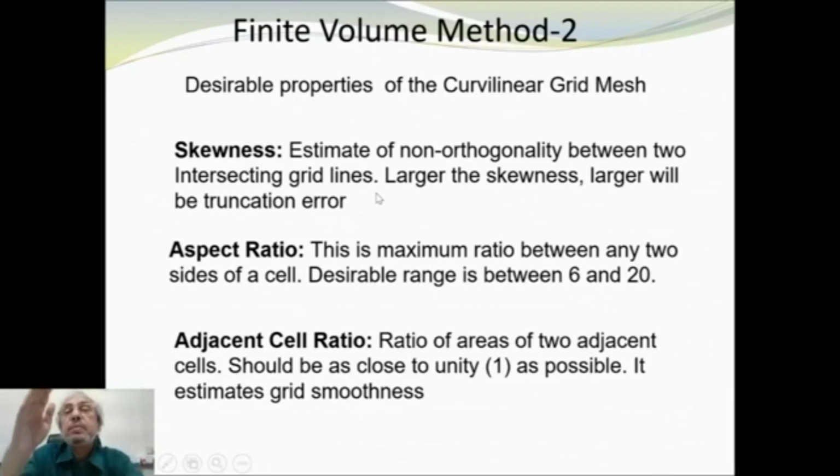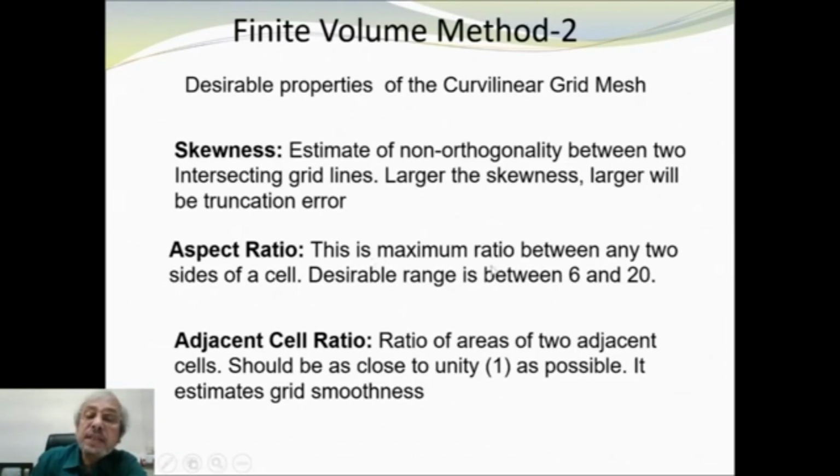That means, as I said, instead of x equal to constant line and y equal to constant line, if we generate the grid by zeta equal to constant line and eta equal to constant lines, then depending on the location in the domain, these zeta eta lines may not be able to maintain their orthogonality, but when they deviate, this deviation will not be much. Grid generation technique has to follow that.